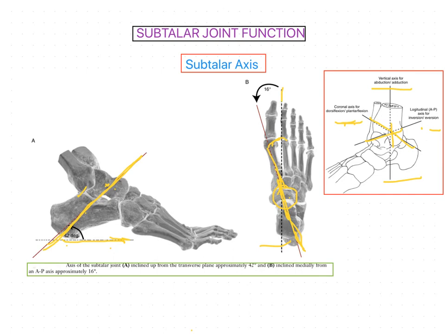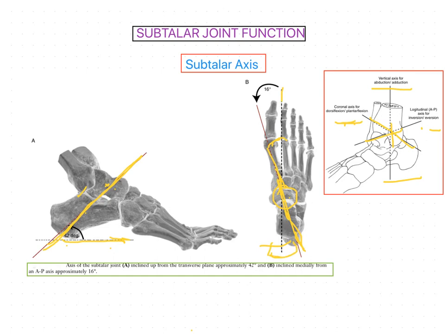For example, if we take supination, normally every time the distal segment is going to move on the talus. What is going to happen during supination? In supination, the calcaneum is going to invert.